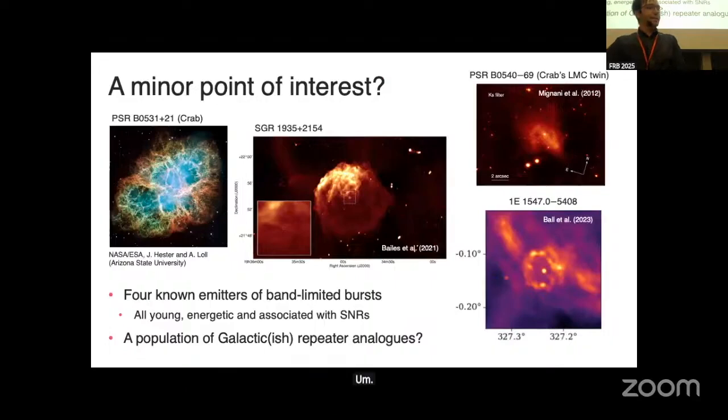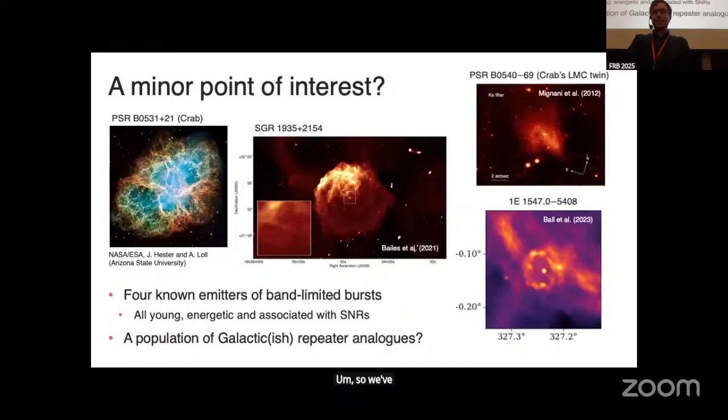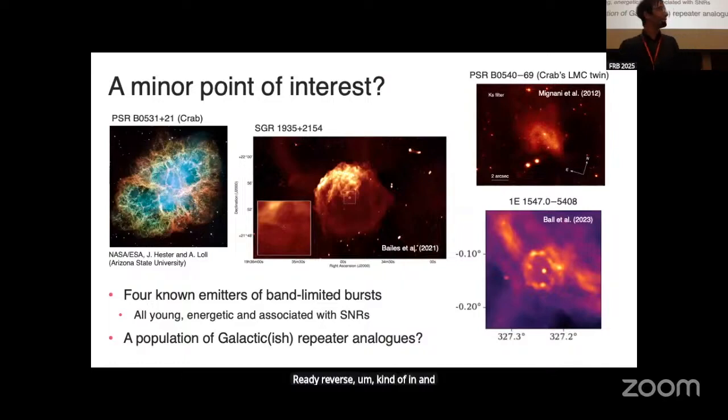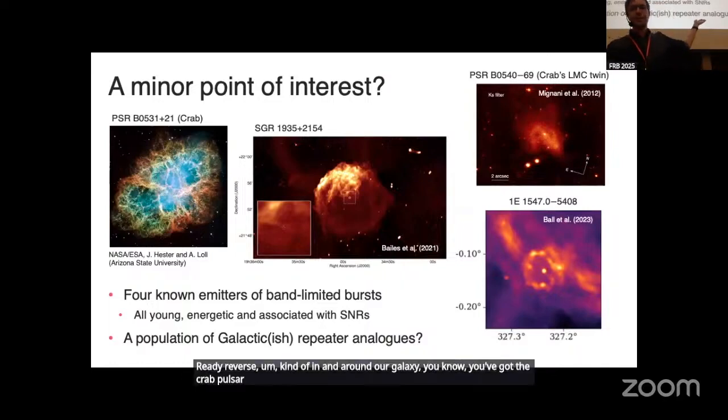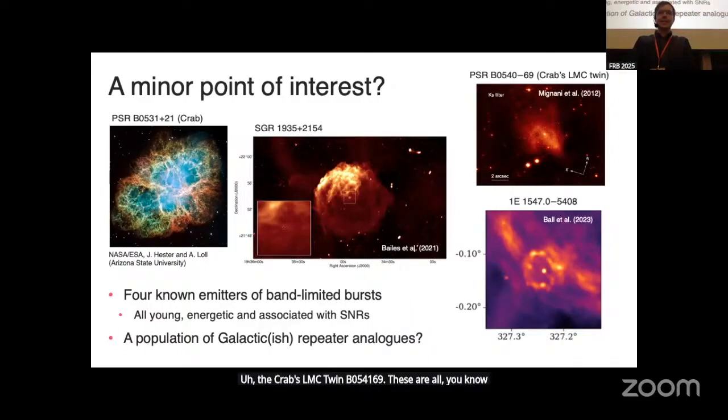I just want to end on this other, maybe minor, point of interest. We've now got 4 known narrowband emitters of radio bursts in and around our galaxy. You've got the Crab pulsar, SGR 1935, and the Crab's LMC twin, B0540-69. These are all young, energetic pulsars associated with supernova remnants, and that is kind of interesting.